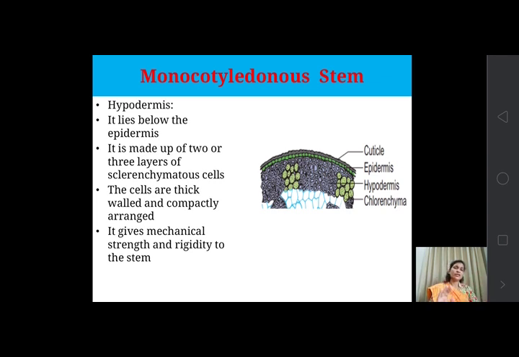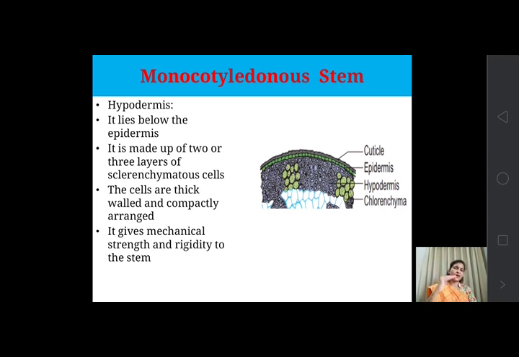That's why these 3 to 4 sclerenchymatous layers are present just below the epidermis. That part of the outer membrane which faces the outer environment is very protective in nature, so it can resist external injuries.